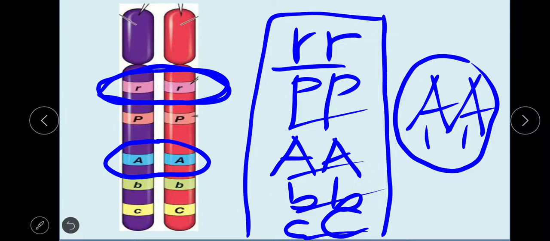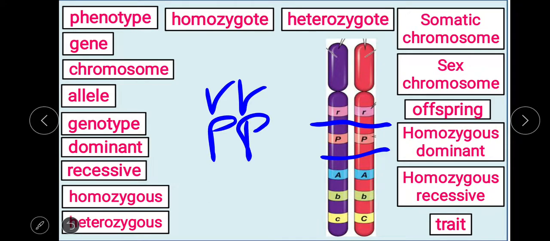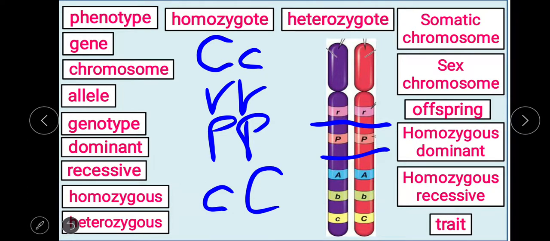So for example here, the genotype small r, genotype big letter P, then the genotype small c big letter C. But normally and typically, the big letter comes first, followed by the small letter. In that case, when we write the genotype of every trait, we must take note of the dominant allele and the recessive allele.